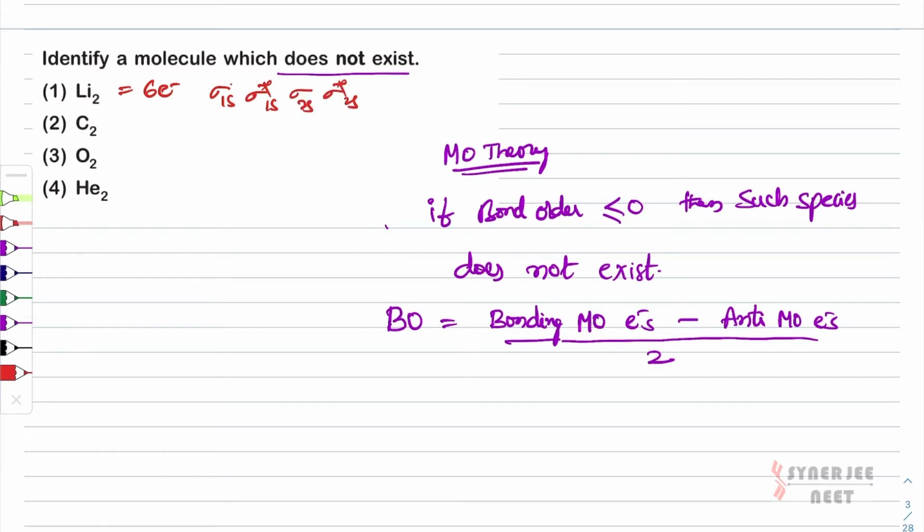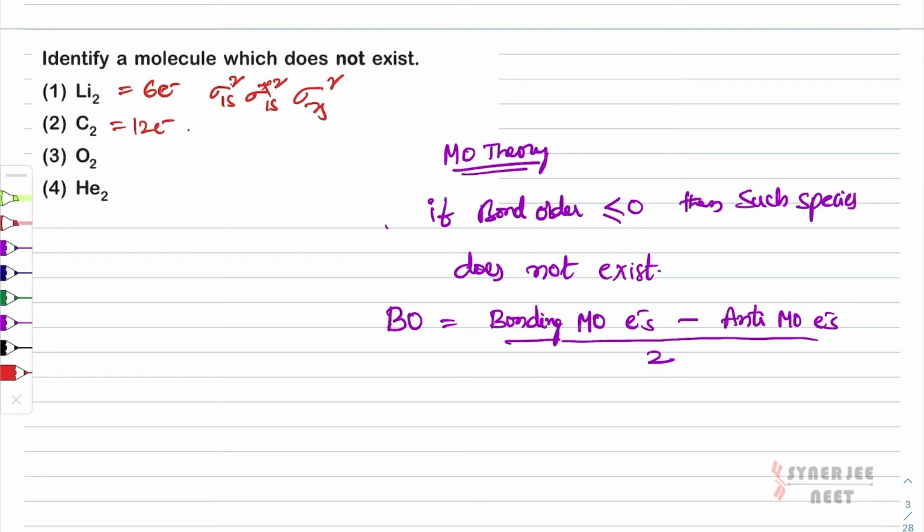So 6 electrons are filled: sigma 1s2, sigma star 1s2, sigma 2s2. This is the order of energies. Now if you look at carbon, there are 12 electrons total.